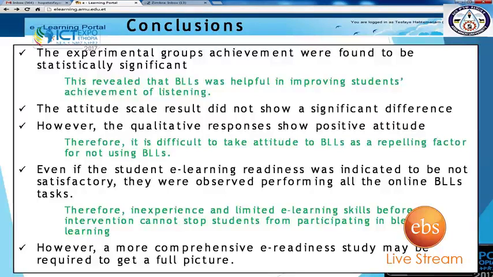And the attitude scale result did not show a significant difference. However, the qualitative responses show a positive attitude. Even if the students' e-learning readiness was indicated to be not satisfactory, they were observed to perform all the online blended listening lessons. However, a more comprehensive e-readiness study may be required to get a full picture.